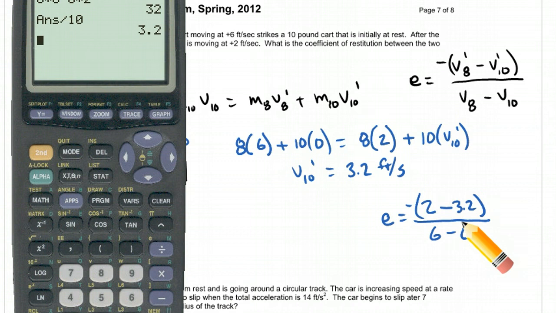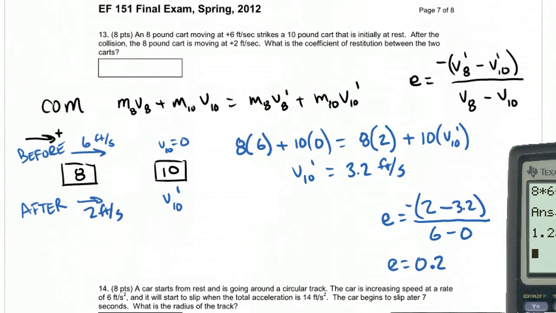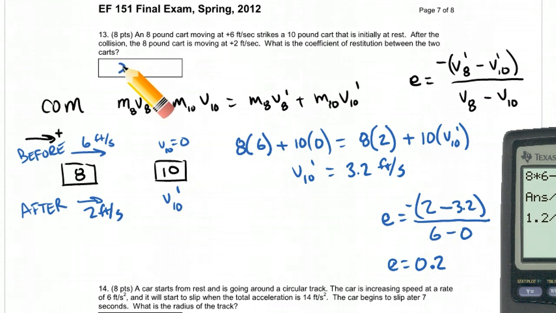So 2 minus 3.2 is a minus 1.2. That minus will make it a positive 1.2 divided by 6, or 0.2. e is unitless. It's a ratio of differences in velocity, so no units on that guy.